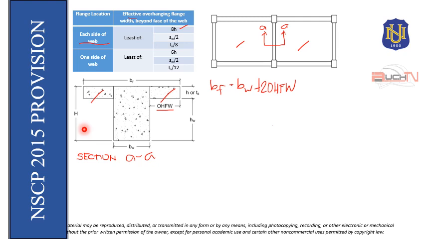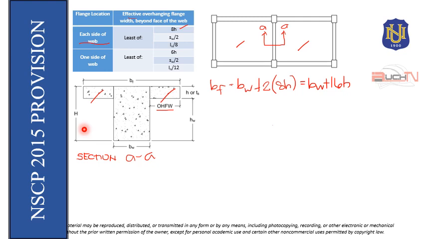Kapag i-interpret na natin yung code na nasa table, all values should be multiplied by 2. That means we will have B sub W plus 2 times 8H. So, this will be B sub W plus 16H.